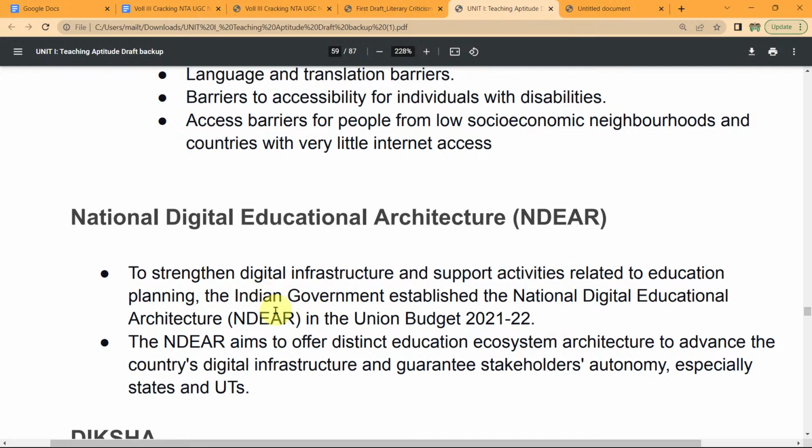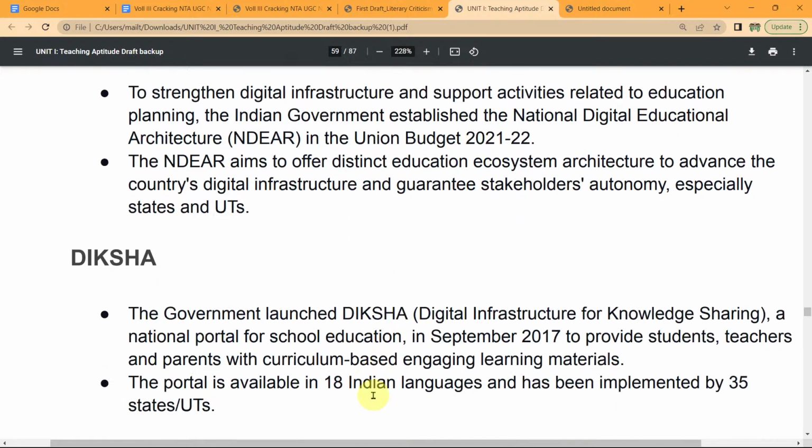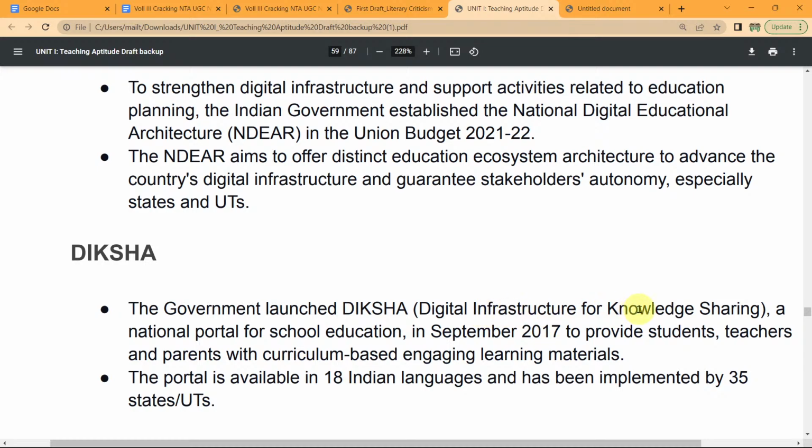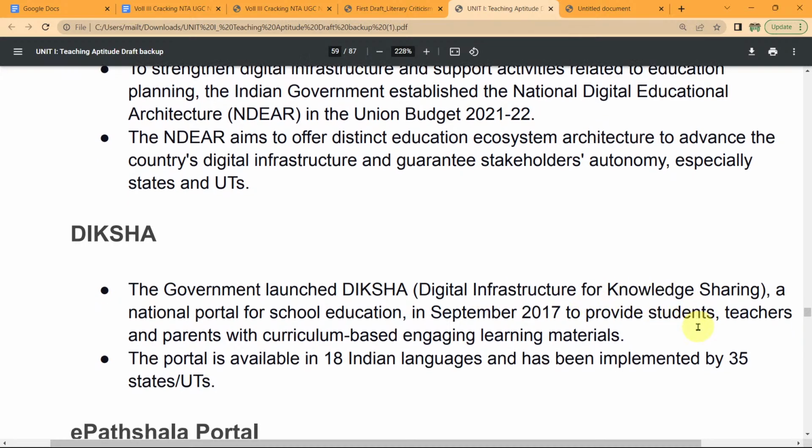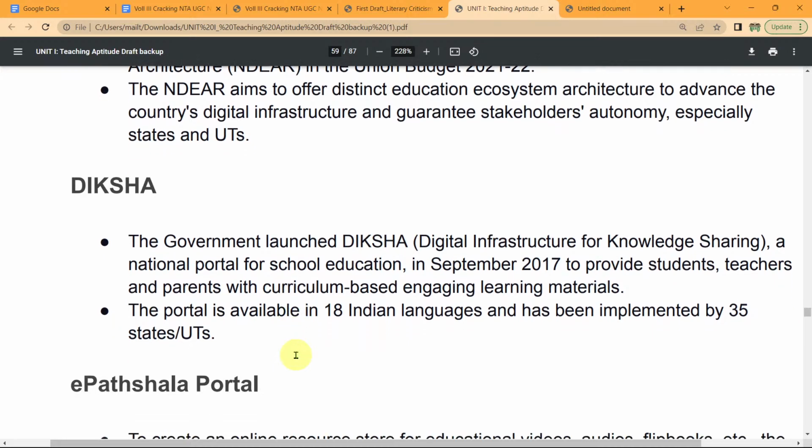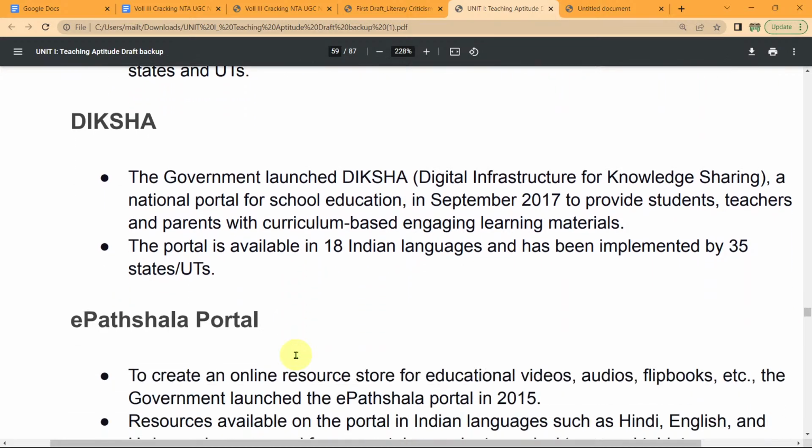Remember, it was established by the Indian government as the national digital education architecture in the Union Budget 21-22. DIKSHA means Digital Infrastructure for Knowledge Sharing, the national portal for school education, started in September 2017 to provide students, teachers and parents with curriculum-based engaging learning material.